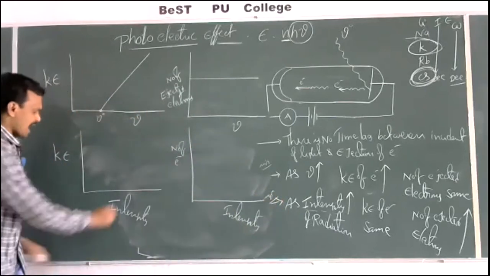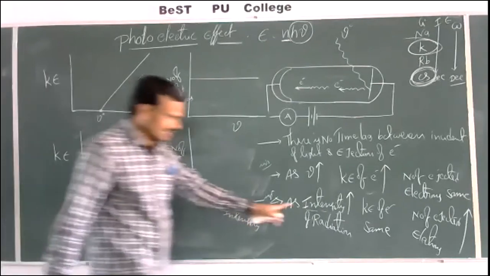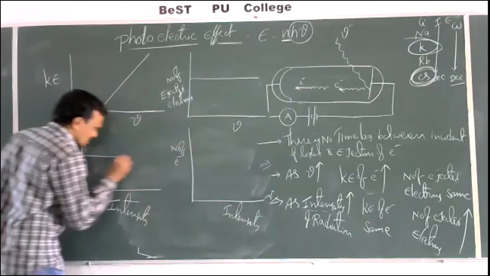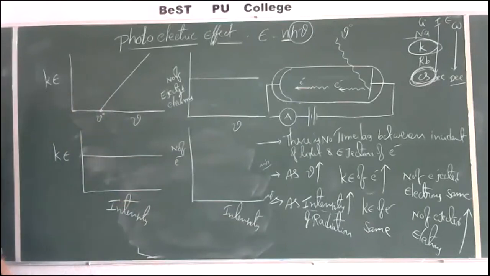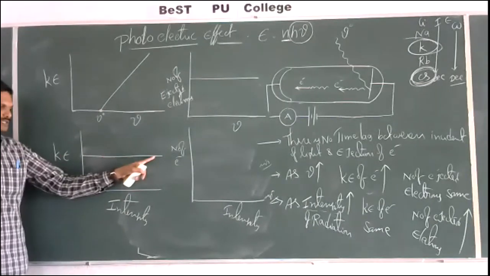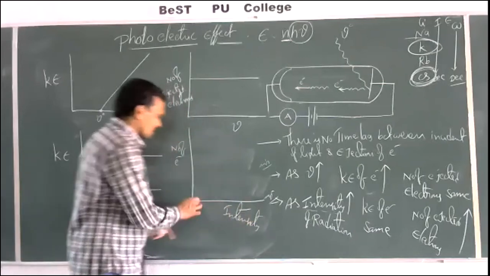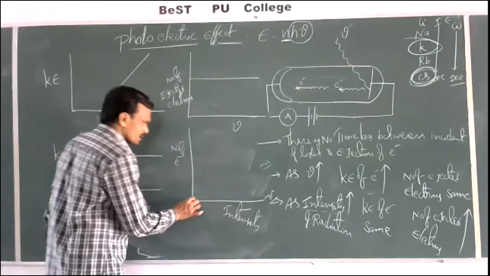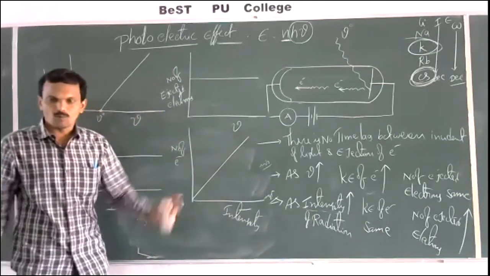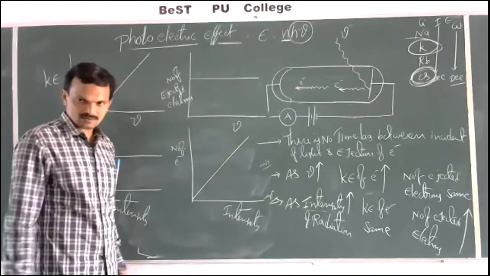Now see, as the intensity of radiation increases, the kinetic energy of ejected electrons remains the same. That means it does not change. As intensity increases, the kinetic energy of the ejected electron remains the same. But as intensity increases, the number of ejected electrons increases. The more the intensity, the more is the number of electrons.